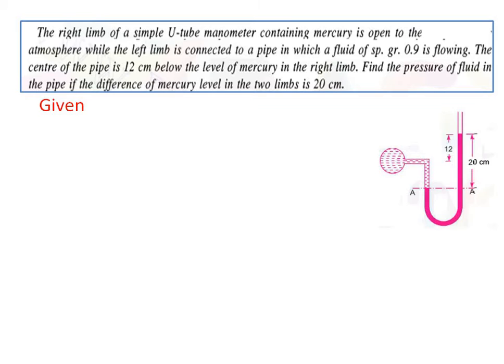So here H2 is nothing but 20 cm, and H1, like in the previous problem, is the difference between the total rise in mercury level at limb A and the difference in mercury level from that particular point. So H1 can be given as 20 minus 12, which is 8 cm.